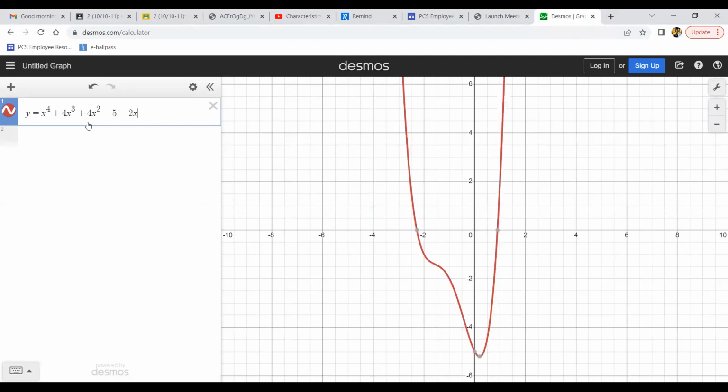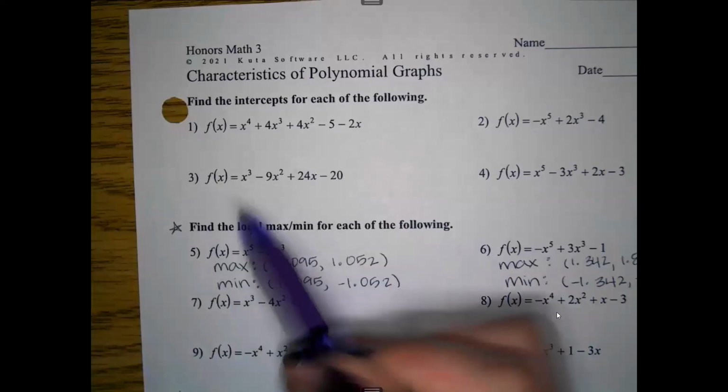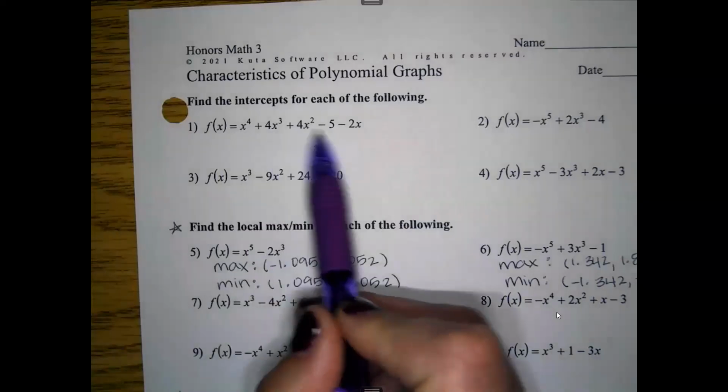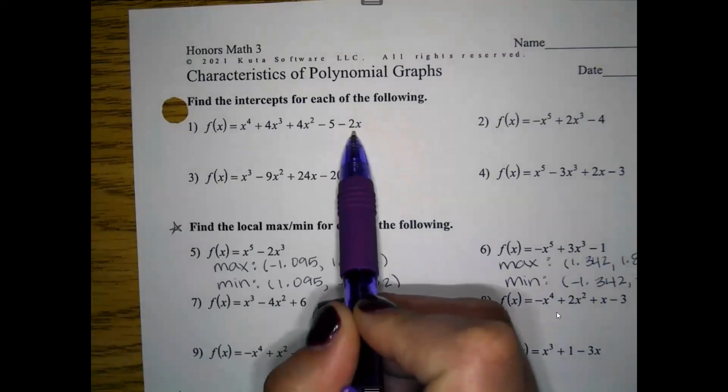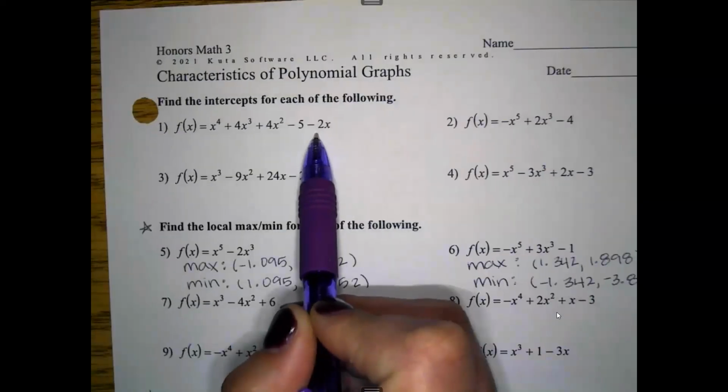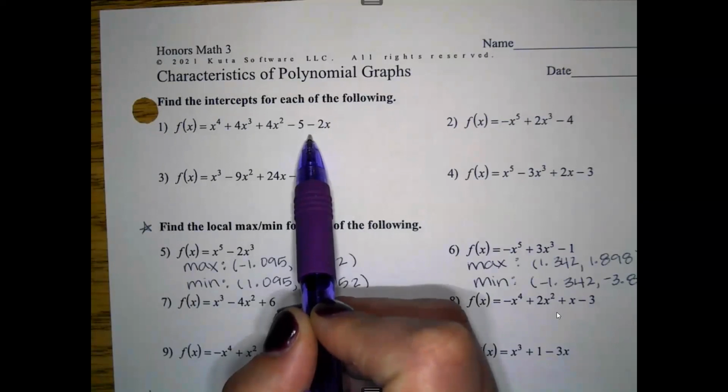Is this problem written in the right order? Look at number 1. Is this how we normally see problems written? No. What's weird about it? Desmos will graph it just fine. It will not graph wrong.